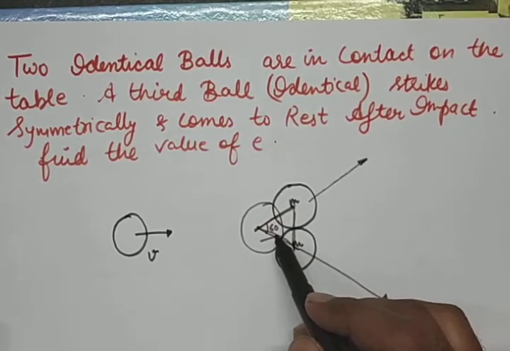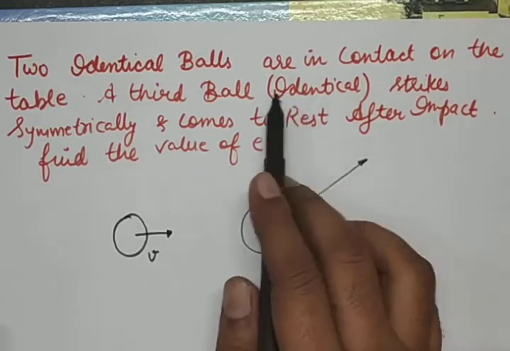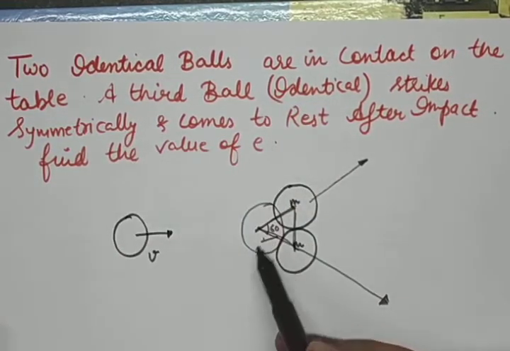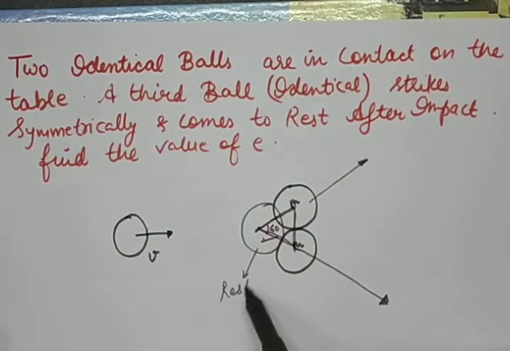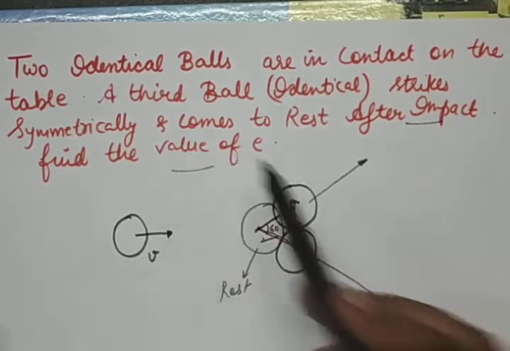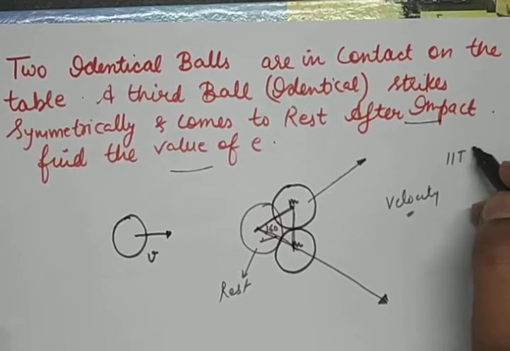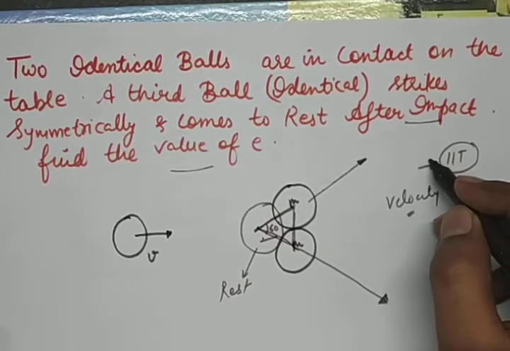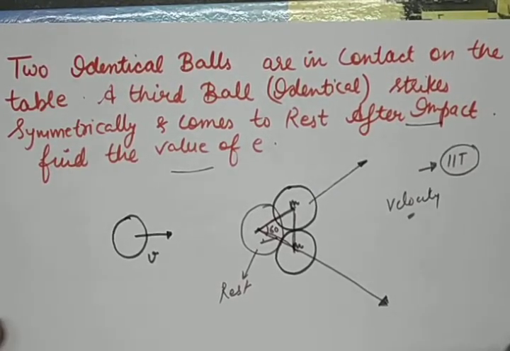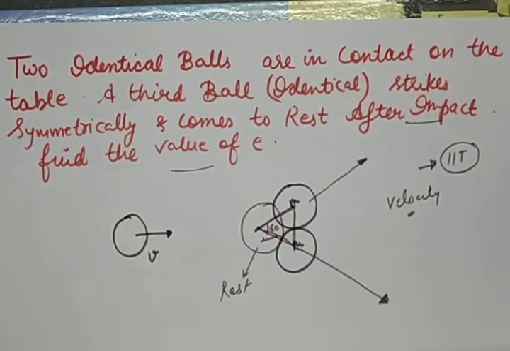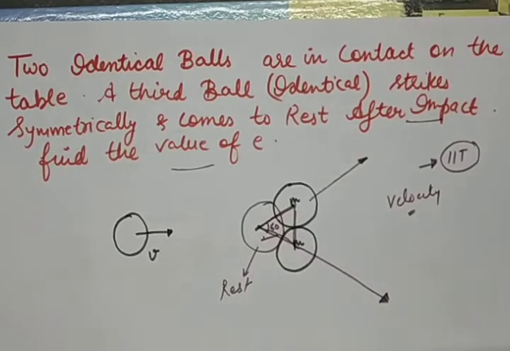This is the most important point. The third ball strikes symmetrically and comes to rest. After impact, find the velocity of E. A very good question, an IIT Advanced problem, and there is a 500% chance of such a question coming in GATE. So let me discuss this question.